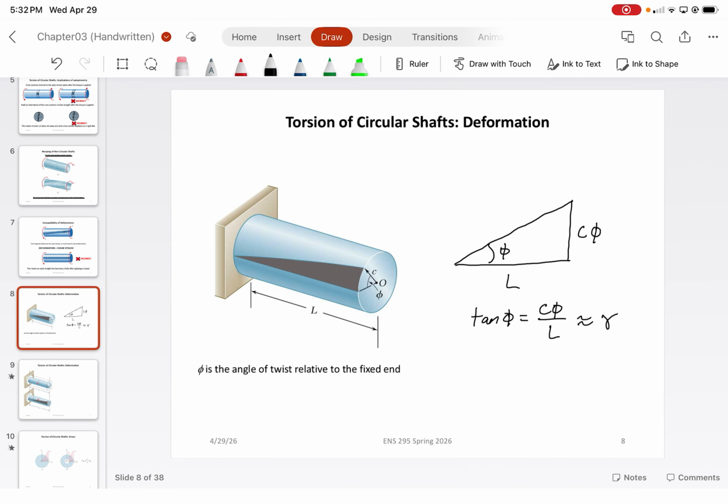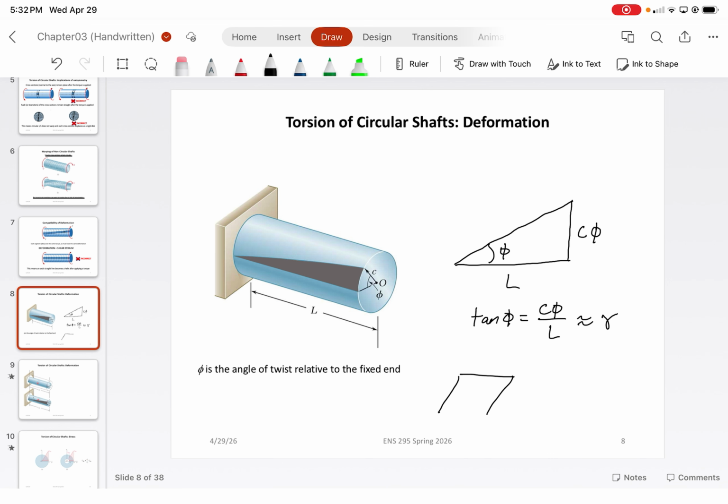Again, this is a small angle approximation. If you recall from when we dealt with shear stresses and shear strains, the shear strain is just equal to the deformation of the member over its original length, right?